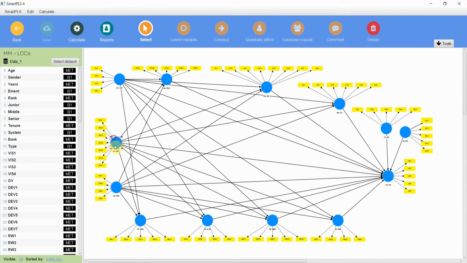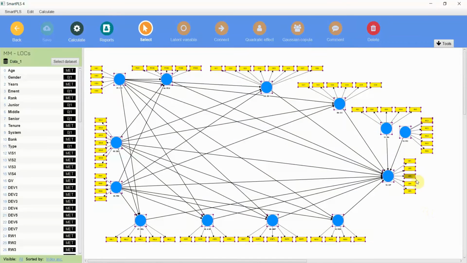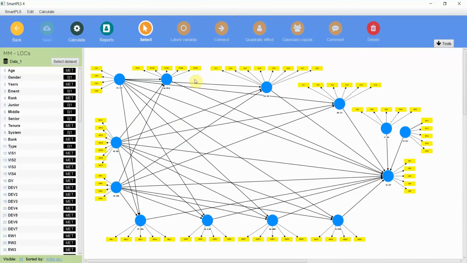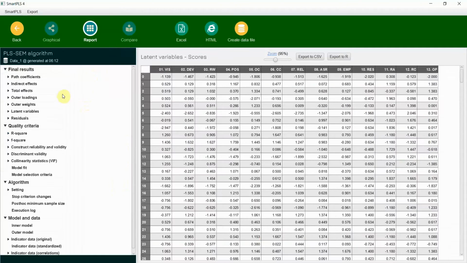Look at this. So you make up your model like this, whereby you have all your variables at the lower level with their indicators, and you check them for their reliability and validity and report them. Now once you have checked them for their reliability and validity and have reported them, then what you do is you get their latent variable score. Where is their latent variable score? Here it is.